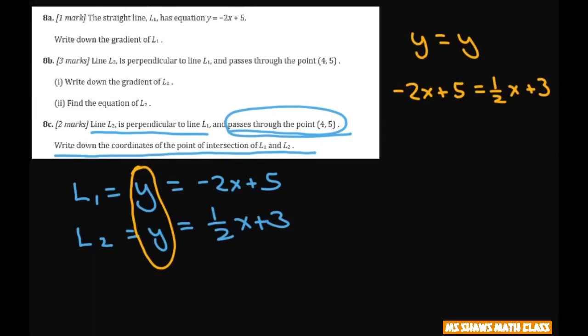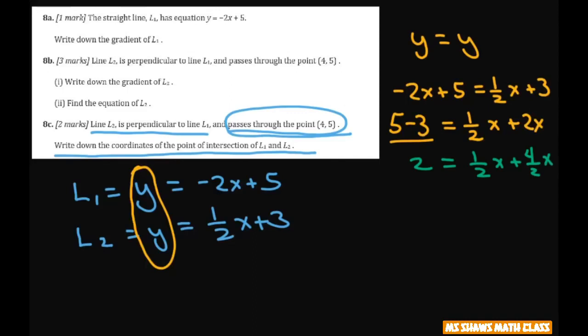And I think I will move the 3 over to the left and the -2x to the right. So this is 2. And this you can write as 5. We want 1/2 x plus, and go ahead and write this as 4 divided by 2x.